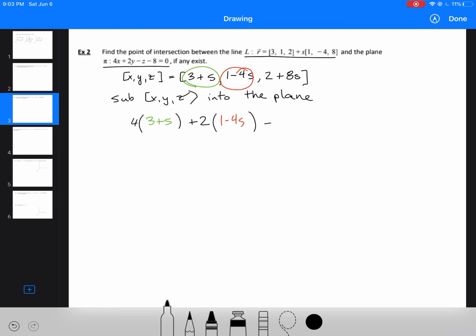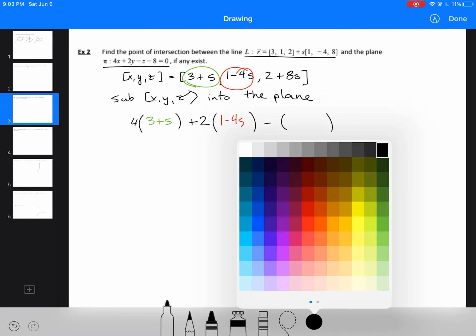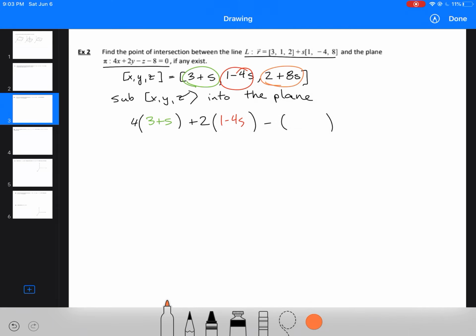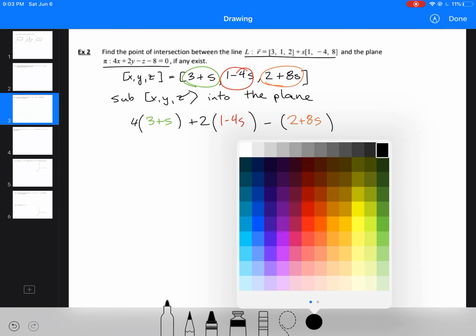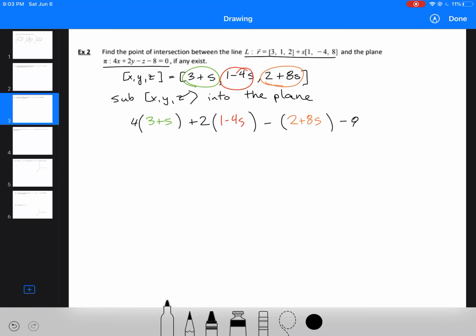And then we've got minus z, 2 plus 8s. And then our d term here, minus 8 equals 0. Expanding, collecting like terms should give you minus 12s plus 4 equals 0, which means that s equals 1/3.